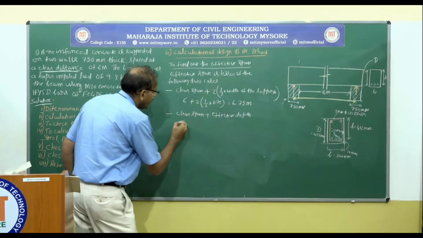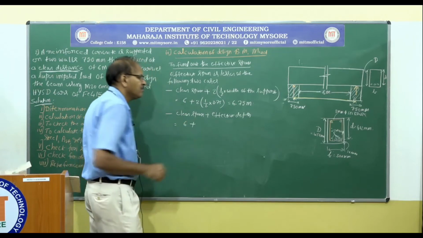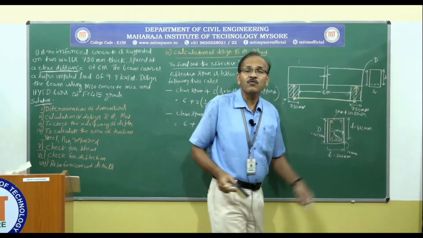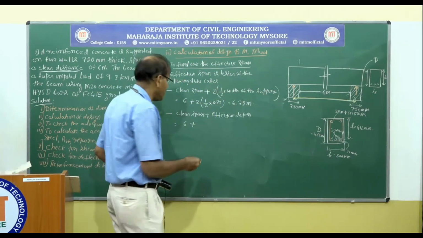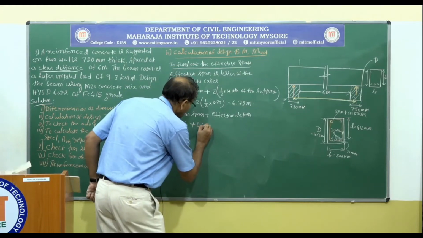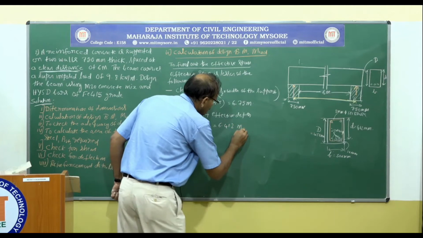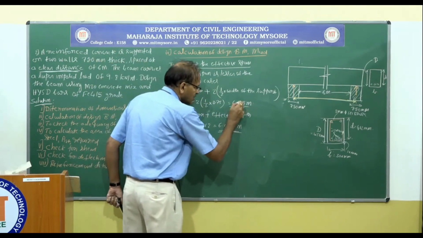So what is the clear span? Of course, 6 meter plus what is the effective depth we have provided? 412 millimeter. That is 0.412 meter. That is equal to 6.412 meter. So we have 2 values.